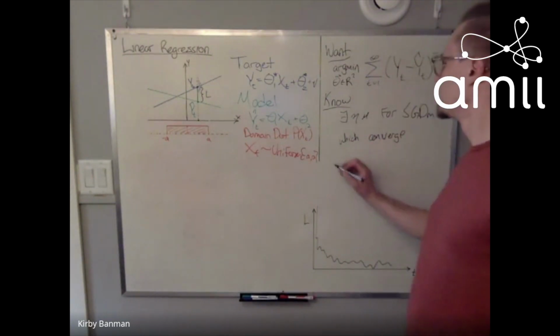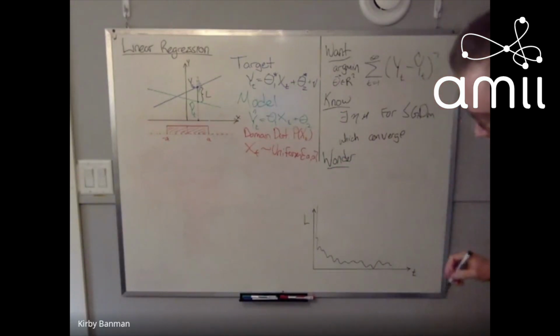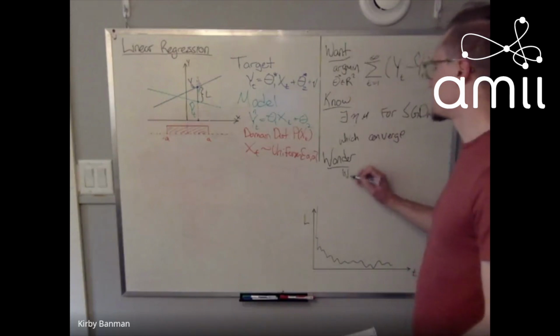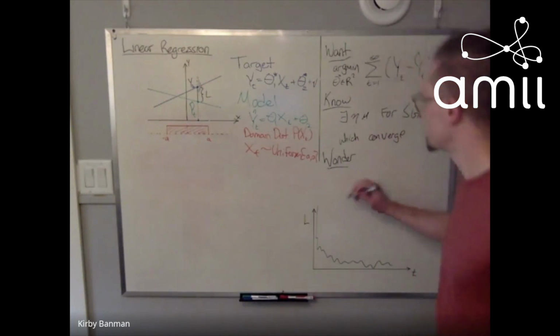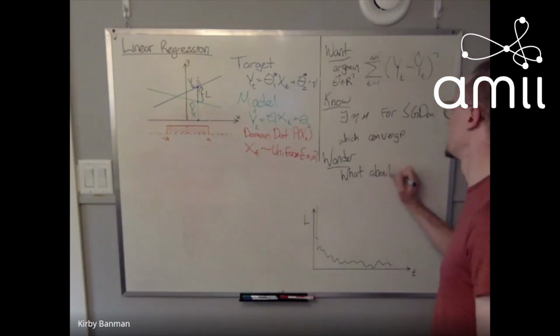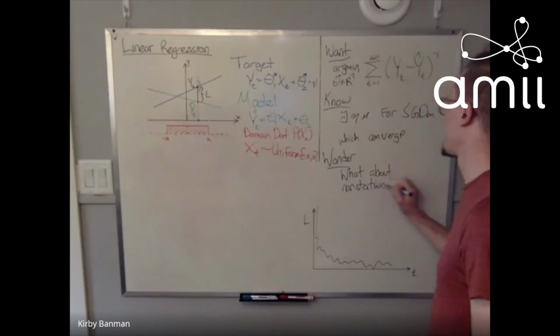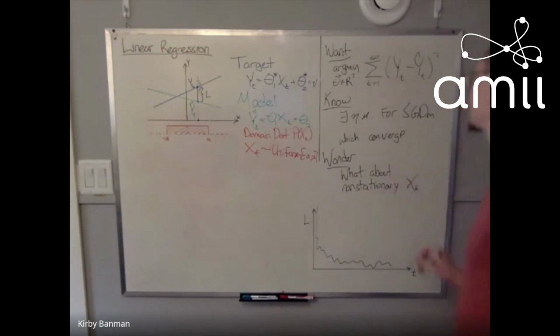Everything is happy. So something that we can wonder on top of this is: what about non-stationary x sub t? Question mark. That's going to be the focus of this talk.